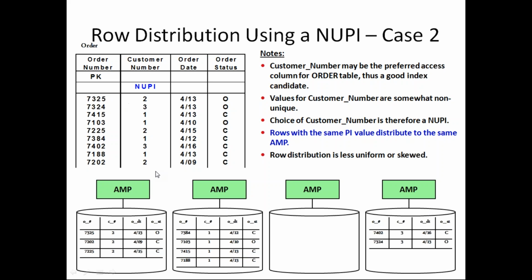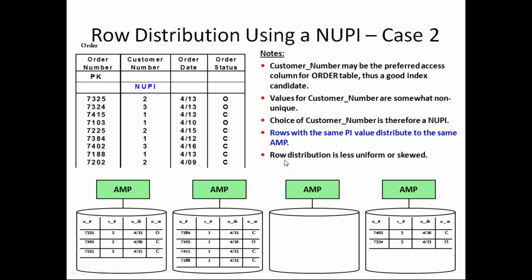So we have to determine how many unique values there are. If the unique values are more, then we may choose that column as a primary index. If the unique values are very few, and you create a non-unique primary index, the data distribution cannot be made even. It is called skewed data. The data is skewed across the available amps.